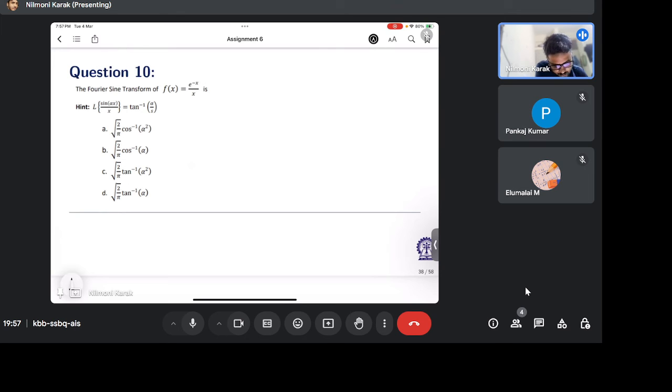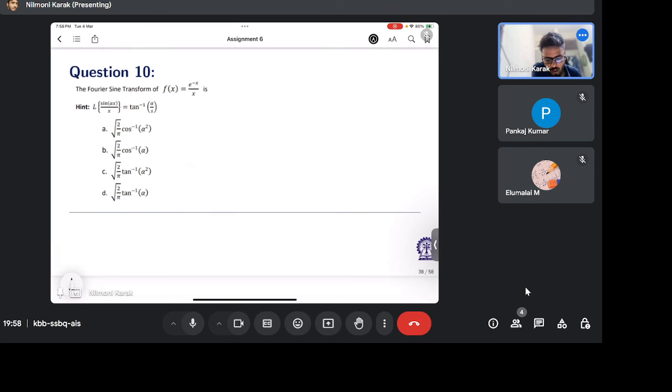In the Fourier sine transform of f(x) equals e to the power minus x, here also I already told you. So the hint is there, e to the power minus x is there, so that's why Laplace transform is applicable. And also this hint is there, the Laplace transform of sin alpha x by x is tan inverse alpha by s.